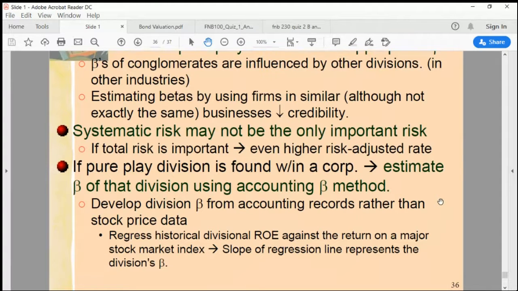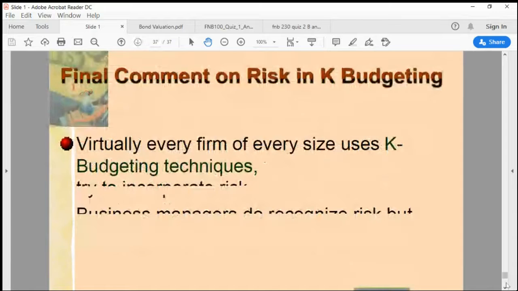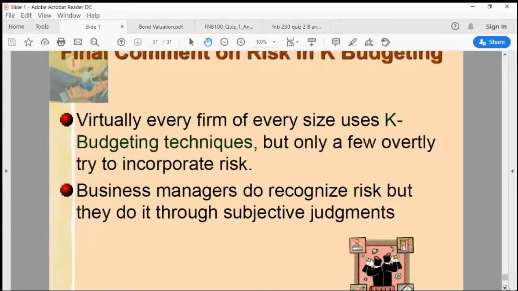And then the slope represents the division's beta. The slope of the regression line represents a division's beta. Okay.